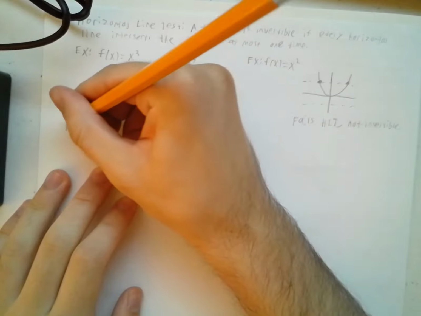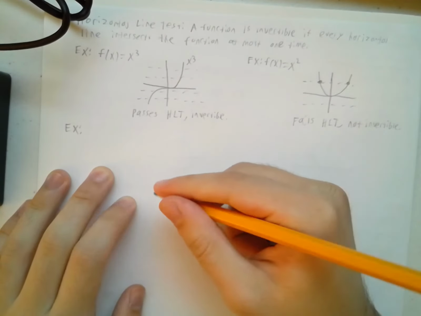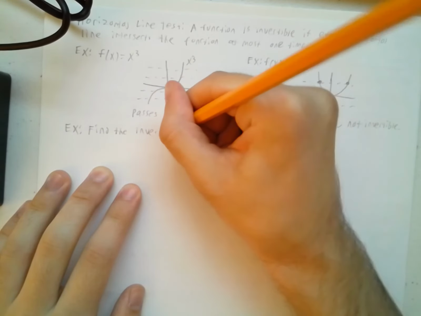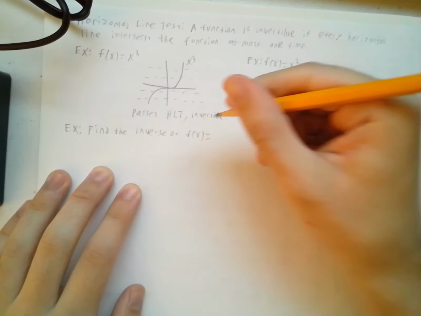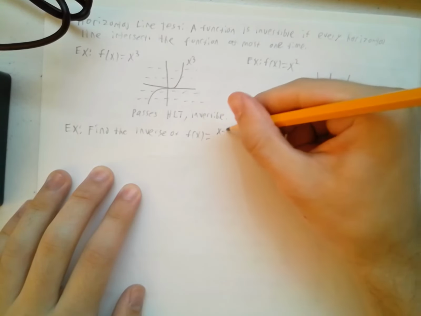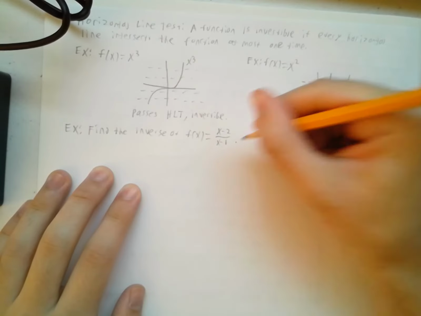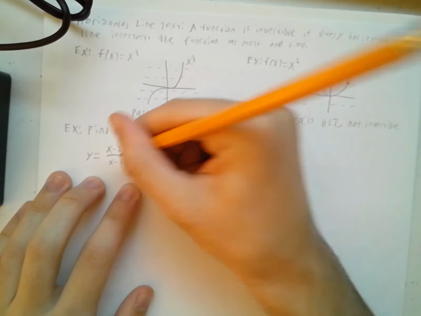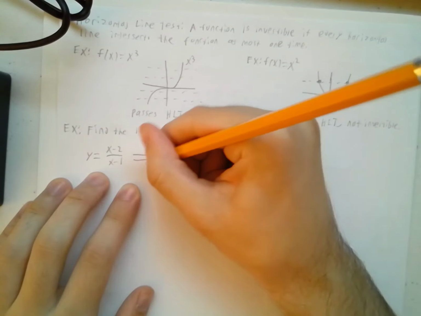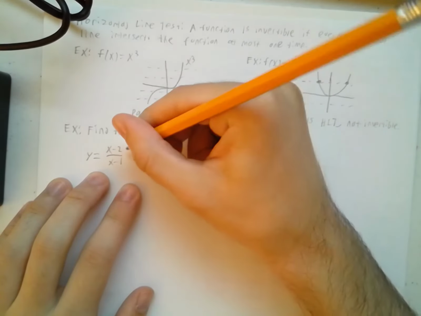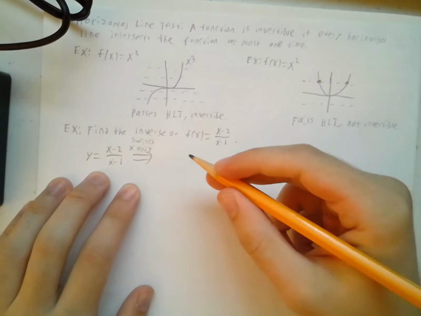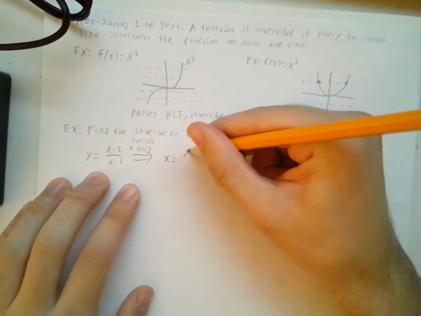So for example, suppose we want to find the inverse of the function f of x equals x minus 2 over x minus 1. Well, how would we do that? We would first write this as y equals x minus 2 over x minus 1. And then we would switch the x and y. And what this gives us is x equals y minus 2 over y minus 1.